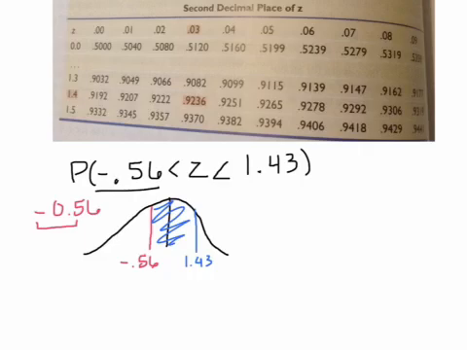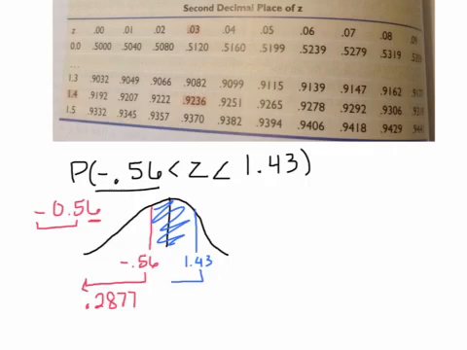The first thing I'm going to do is go to my chart, and I can find this information right there. If I scroll and look at that full chart at negative, on the left we look for negative 0.5, and on the top we look for 0.06. When I do that, I get 0.2877. If you were close to that, that's great.